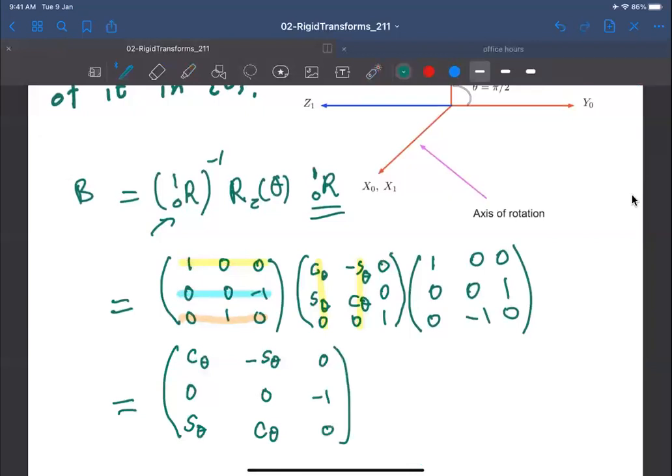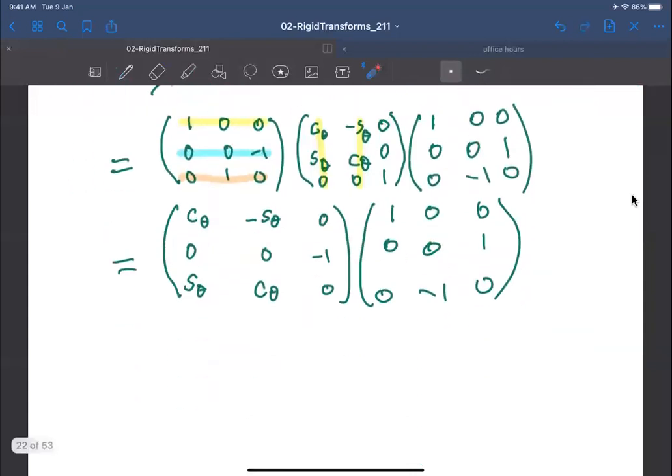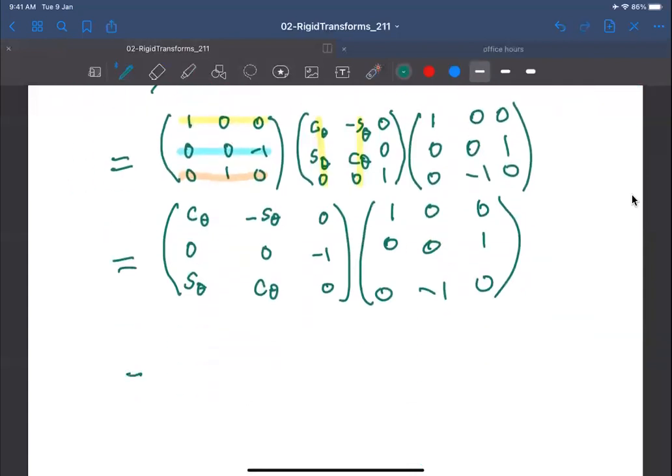And this is multiplied again by the second matrix: 1, 0, 0, and then 0, 0, 1, and then 0, minus 1, 0. And don't forget, what we just did is multiplying these two together to get this, and then we are left with this. So now we are multiplying this to get our matrix here.